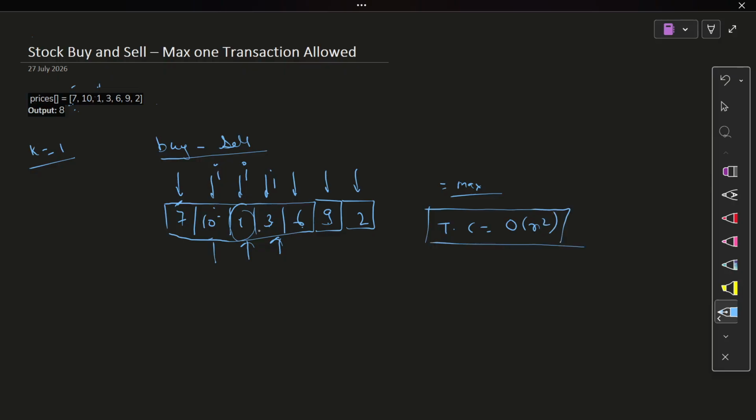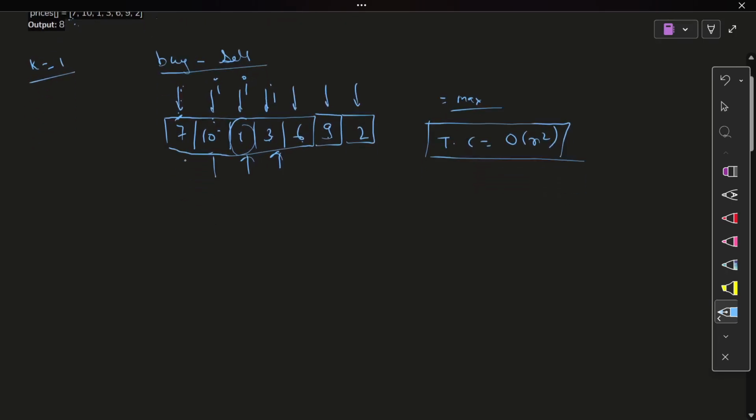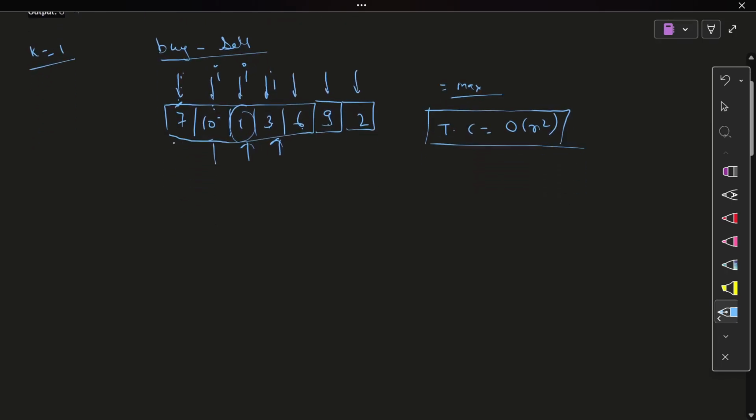Okay, or here, suppose this is my buying price, and here, suppose this is the selling price, and we have to find the maximum. So we have to maintain one thing, like one is the minimum.